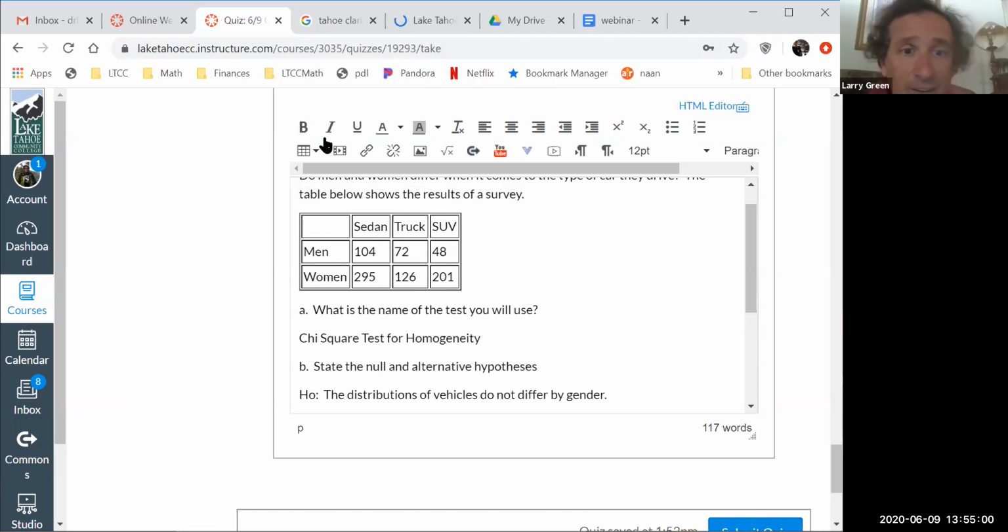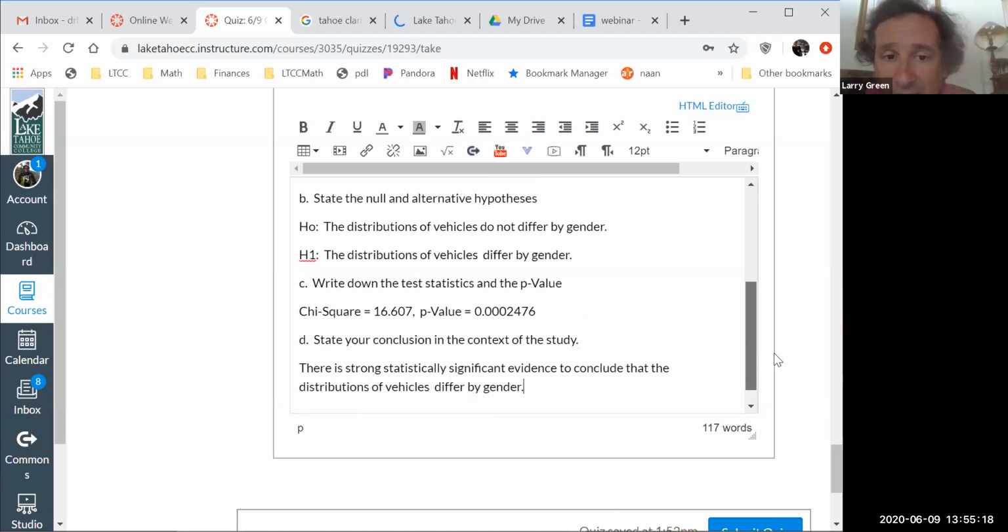So in particular, if you were doing some kind of survey about what kind of vehicle do you have, and you want to do a very large study, then you want to stratify by gender. Because if you got such a small p-value, then if you don't stratify by gender, you may end up with bias.